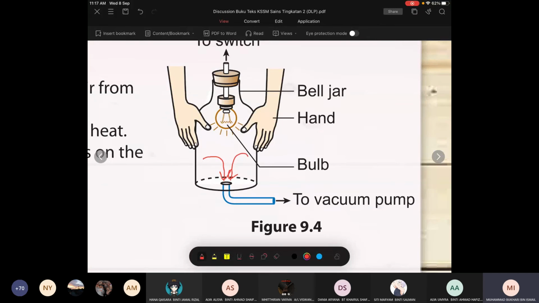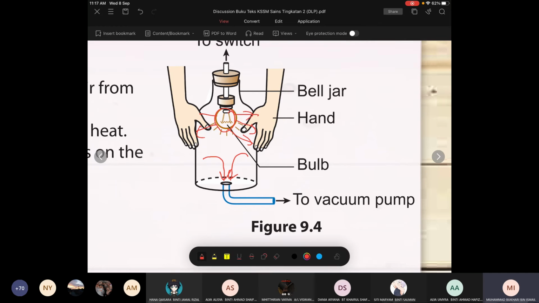So when we turn on this bulb and you put a palm on the bell jar, you still can feel the heat even though there is no air molecule in the bell jar.